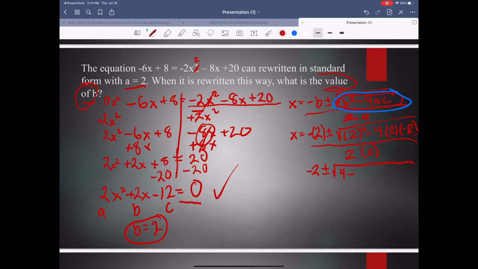So now I'm going to do negative 4 times 2 times negative 12, which will give me positive 96. So plus 96, all divided by 2 times 2. Now I could go ahead and keep on simplifying. Negative 2 plus or minus the square root of 100, all divided by 4. Since the number is positive, I have 2 real roots.